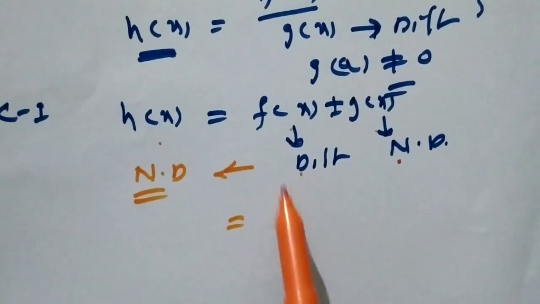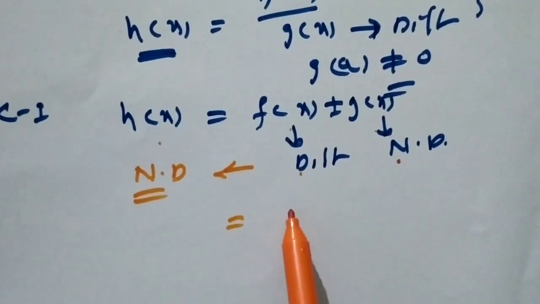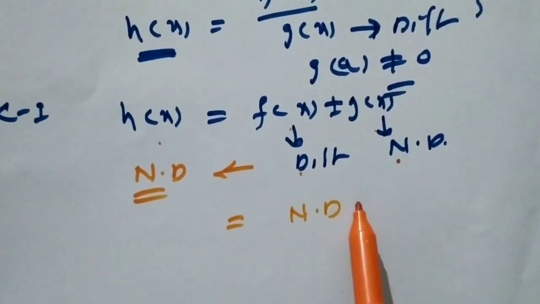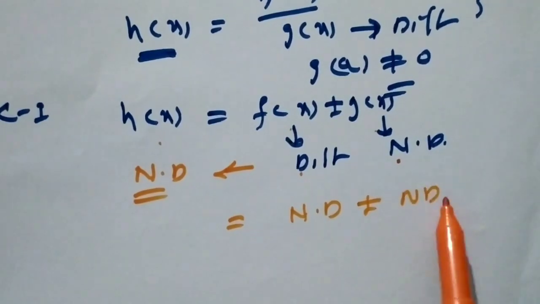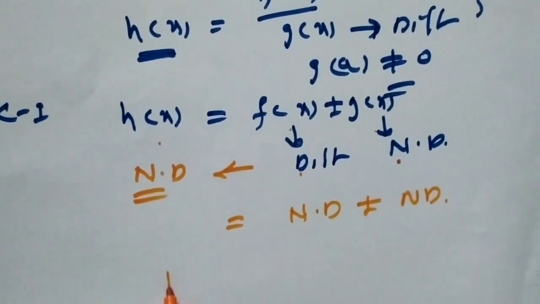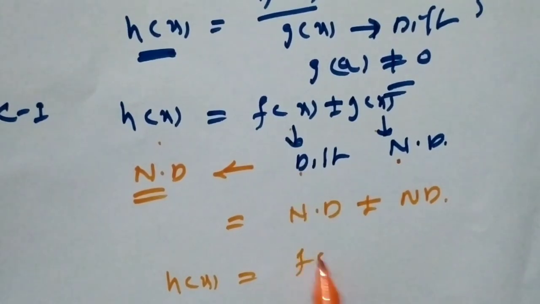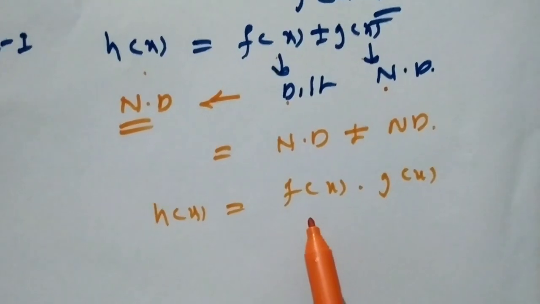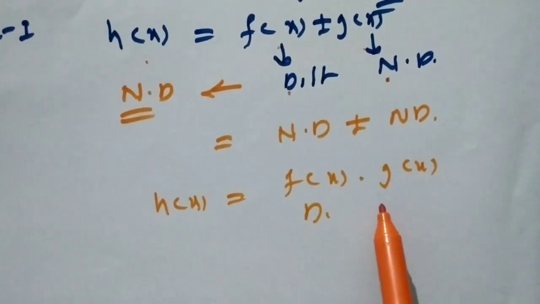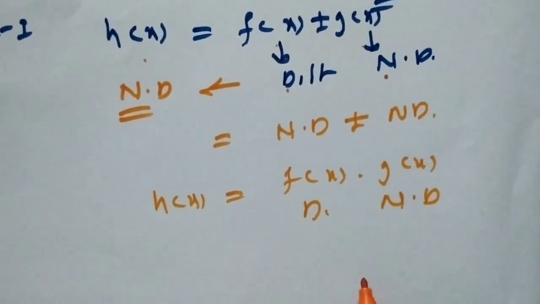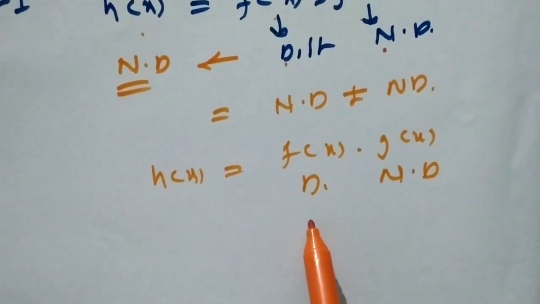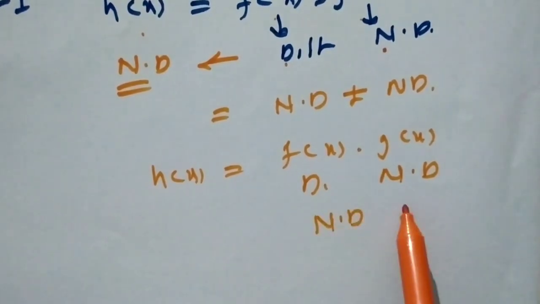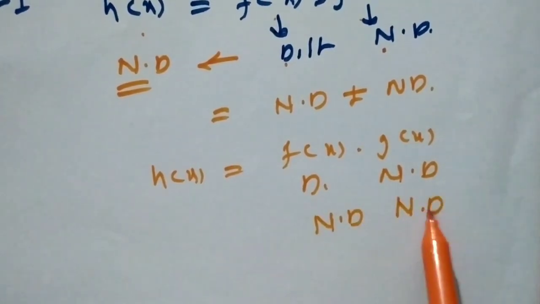Suppose f of x is not a differentiable function and g of x is not a differentiable function, or h of x is equal to f of x into g of x, where f of x is differentiable and g of x is non-differentiable, or f of x is non-differentiable and g of x is non-differentiable.